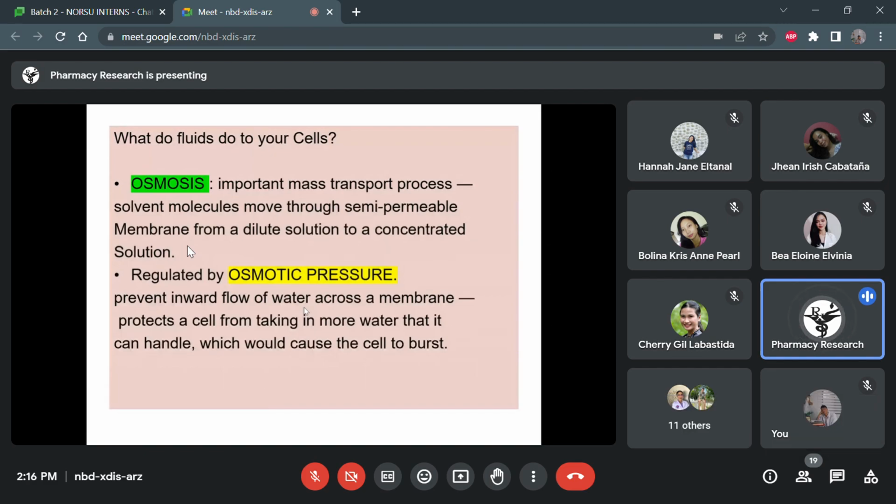So what is osmotic pressure? It is a pressure which prevents the inward flow of water across a membrane.